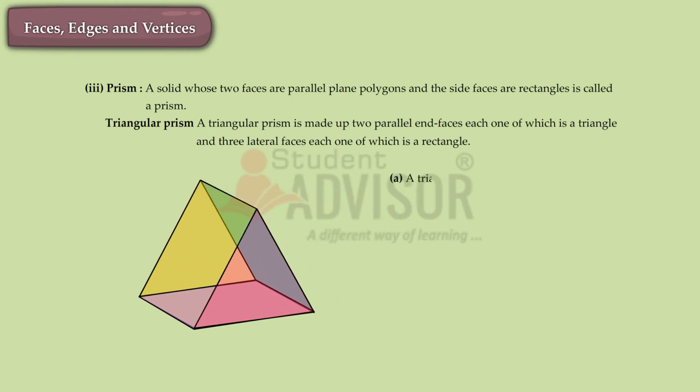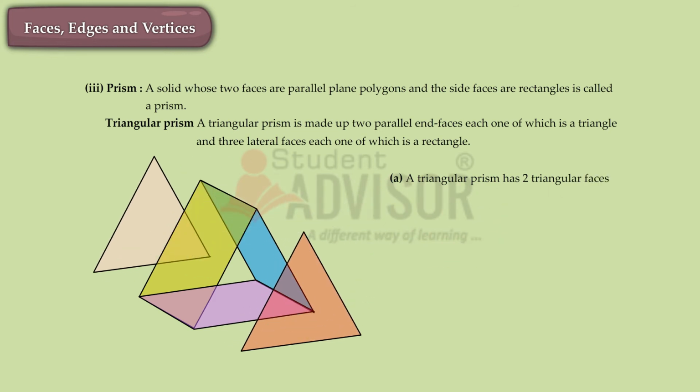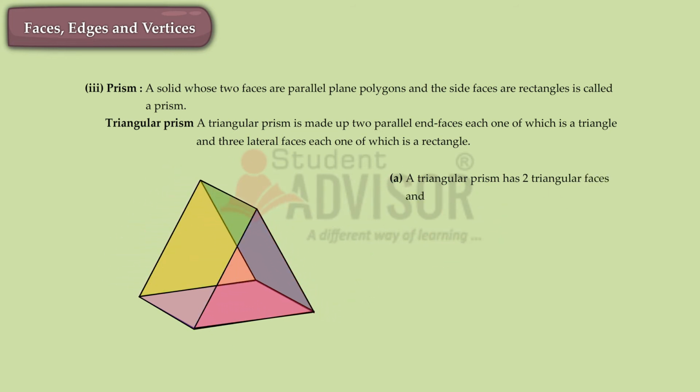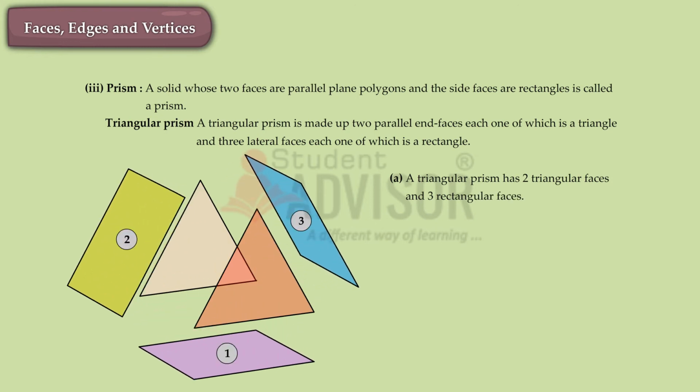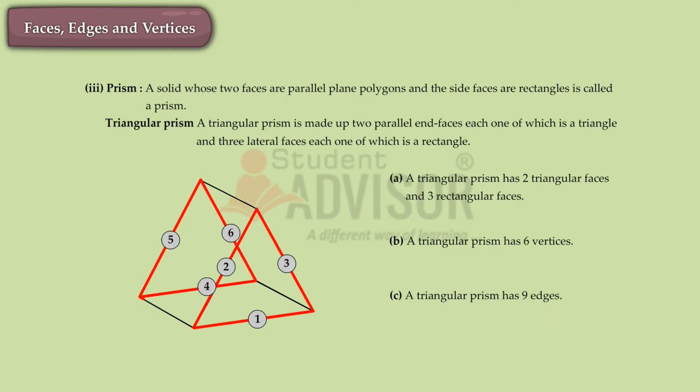A triangular prism has 2 triangular faces and 3 rectangular faces, 6 vertices, and 9 edges. Study the given examples. Triangular prism. A cuboid is also called a rectangular prism.